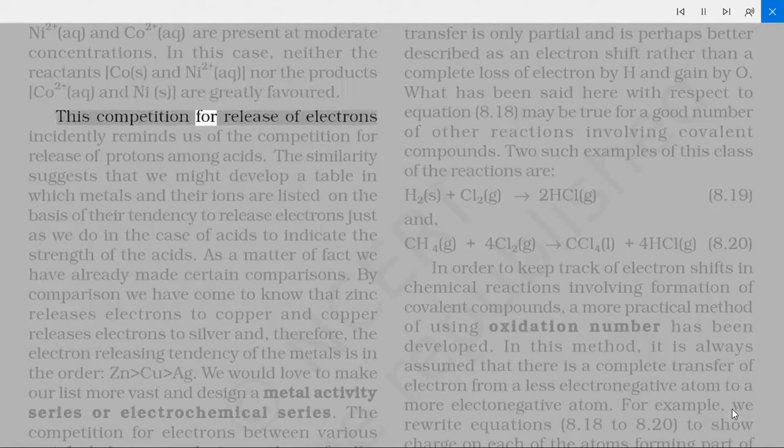This competition for release of electrons incidentally reminds us of the competition for release of protons among acids. The similarity suggests that we might develop a table in which metals and their ions are listed on the basis of their tendency to release electrons, just as we do in the case of acids to indicate the strength of the acids. As a matter of fact, we have already made certain comparisons.